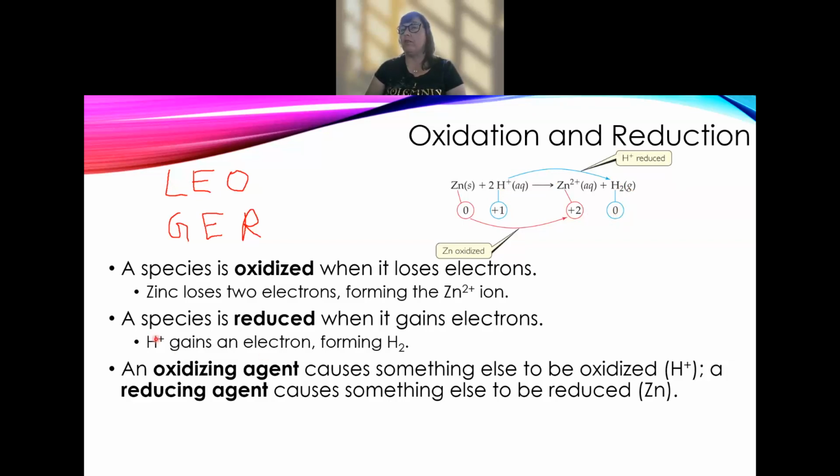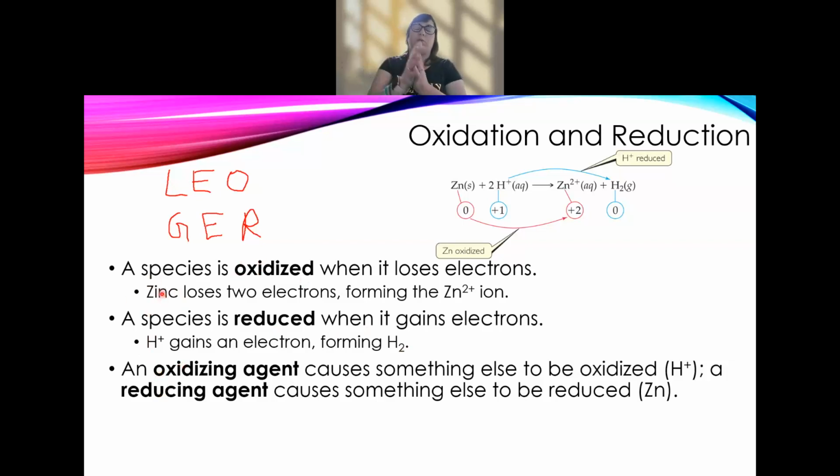When I gain electrons, I am reduced, right? So H+ gains an electron, forming H2. An oxidizing agent causes something else to be oxidized. So my oxidizing agent is H+. It causes the oxidation of zinc. The reducing agent causes something else to be reduced. So since H+ is reduced, the reducing agent is the zinc.